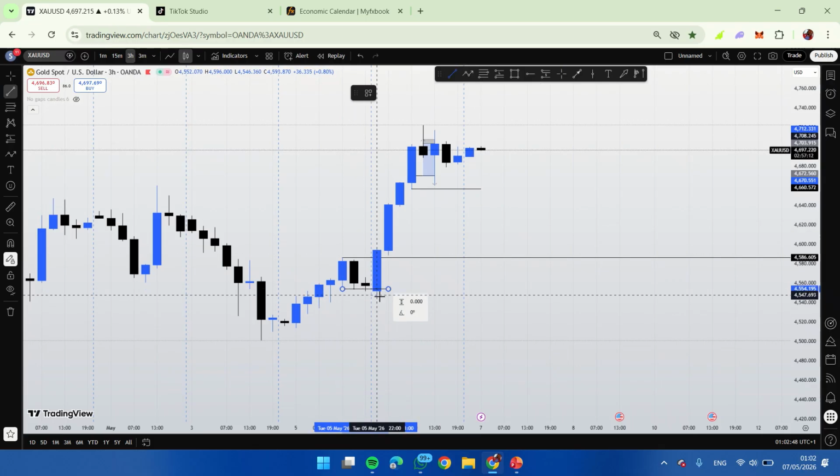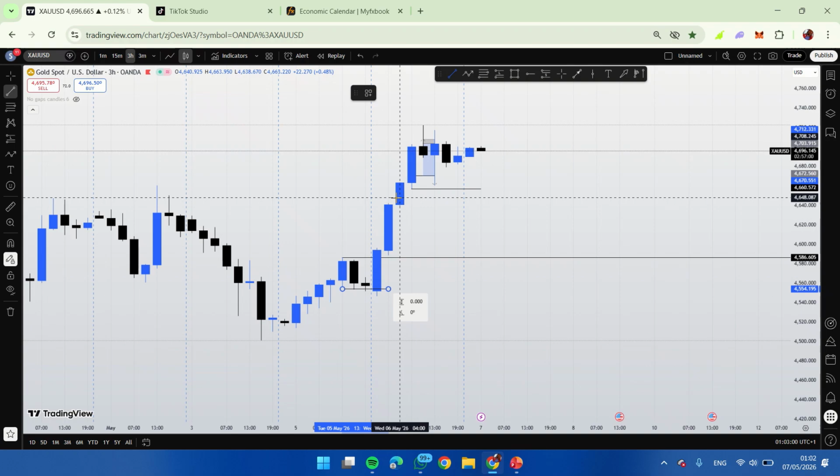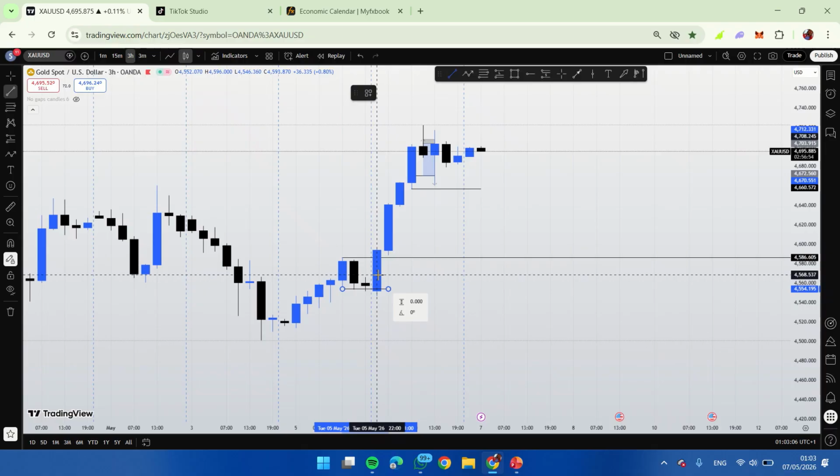You should know that a bullish candle cannot open below a bullish candle. It means that it is a gap. Yes, something that happened here that did not close. So it makes this one like a liquidity graph. Bullish candle cannot open below a bullish candle. That's what I'm saying. So that's it about this.